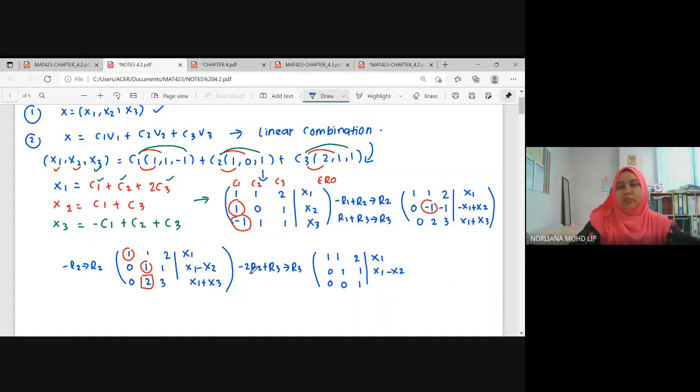So negative 2 times x1 plus 1. So negative x1 kan. 2R2. So 2x2 plus x3.